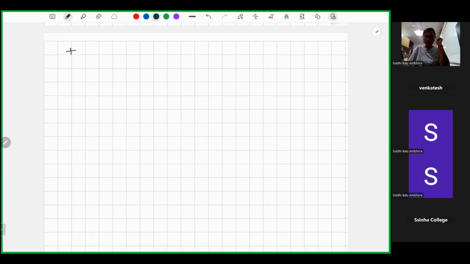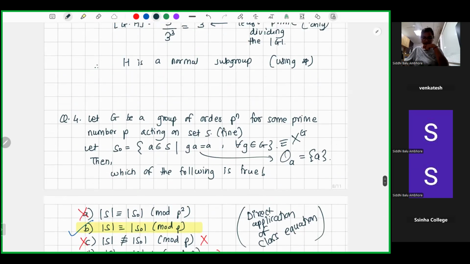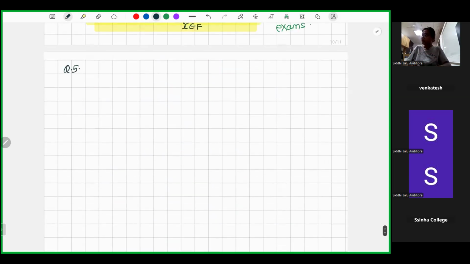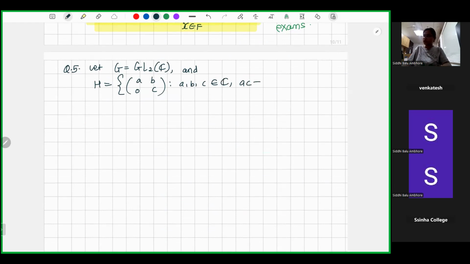Okay, so now this is the question. So I think this is question 5. Question 5: let G be this GL2(C) and H be the upper triangular matrices with AC non-zero.